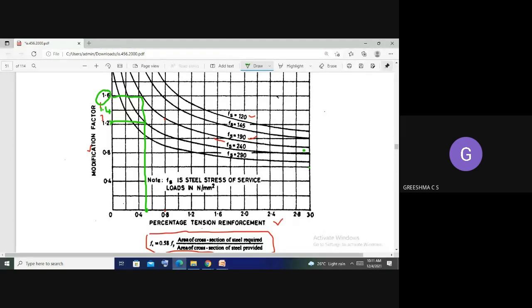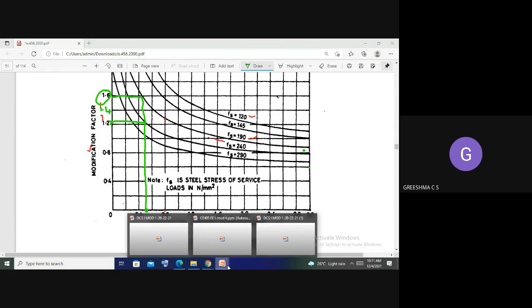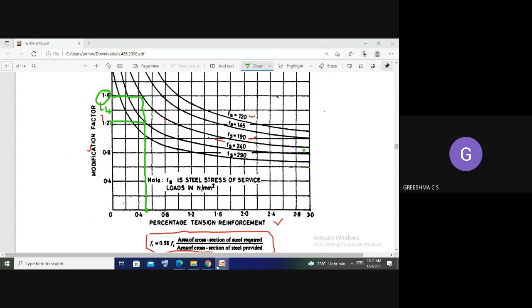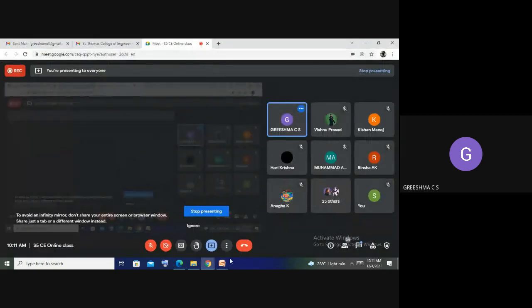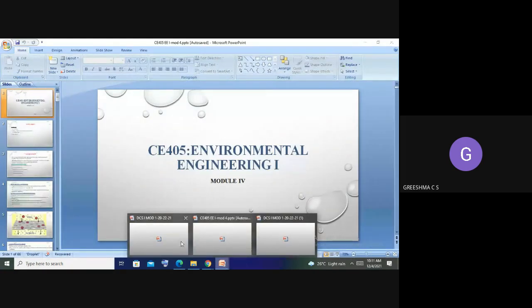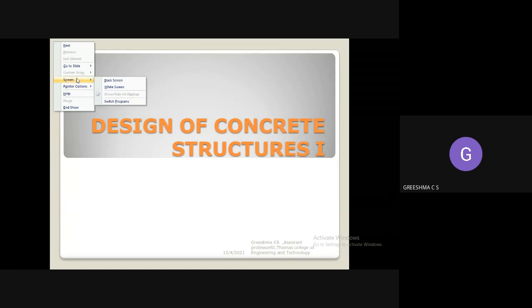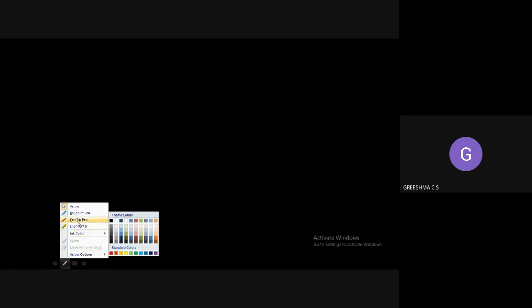Now we can do it by the interpolation method. What value did we get? For 240, we have got a value of 1.21, and for 190, we got the value 1.6.